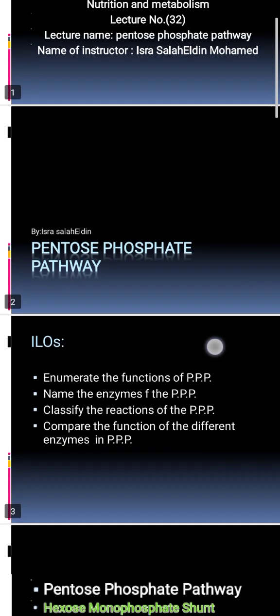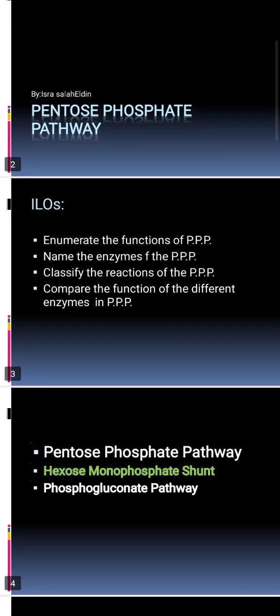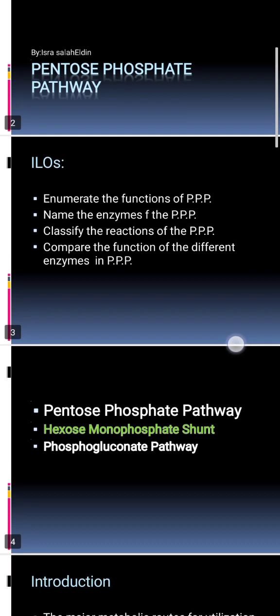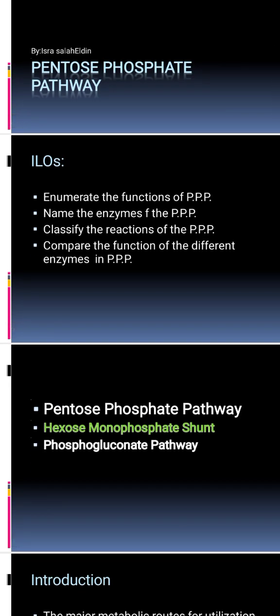Okay, pentose phosphate pathway. What are the outcomes or the objectives when we finish this lecture? The student or the candidate should enumerate functions of pentose phosphate pathway.